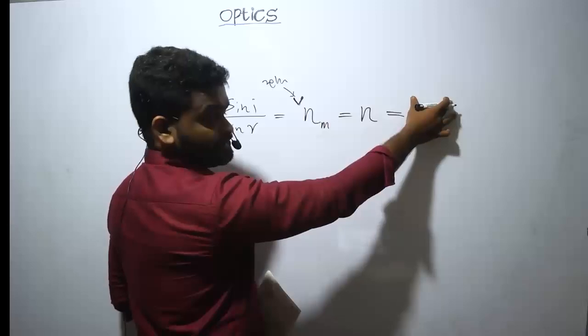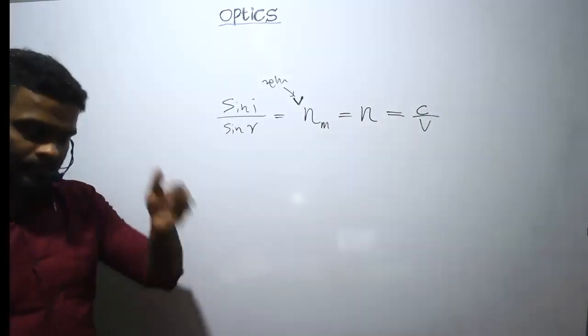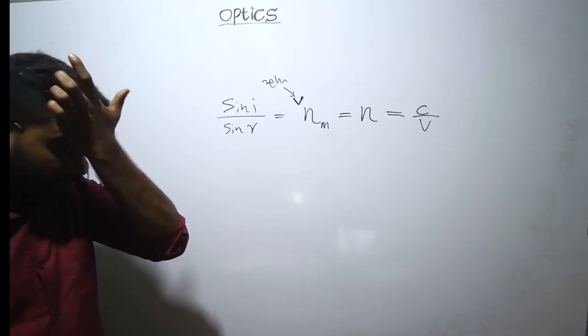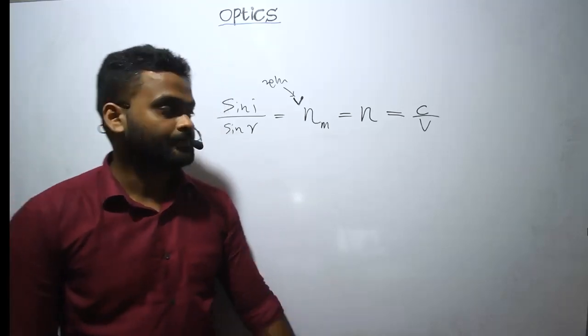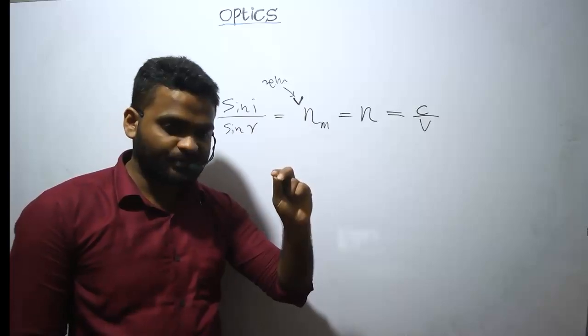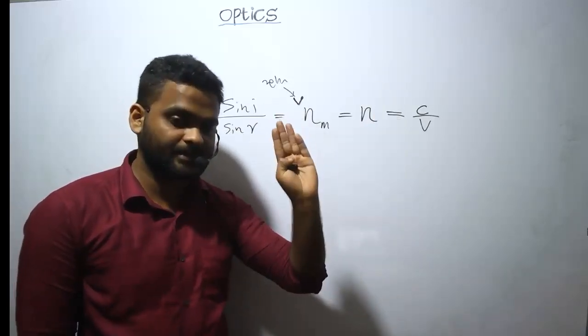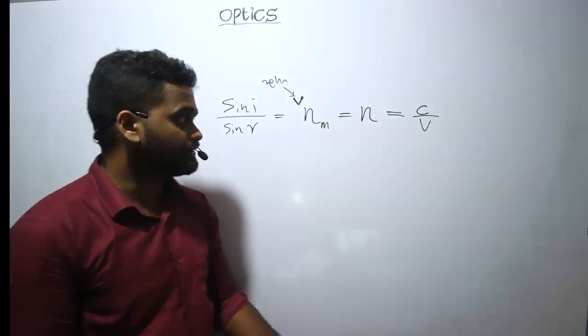So it is speed also goes like that, c divided by v. C means light speed in a vacuum.